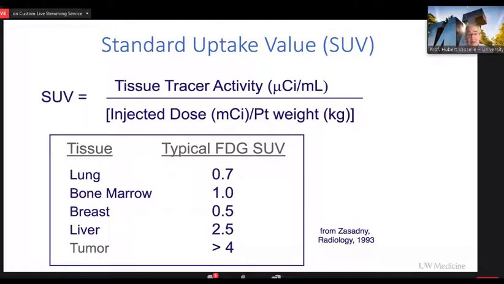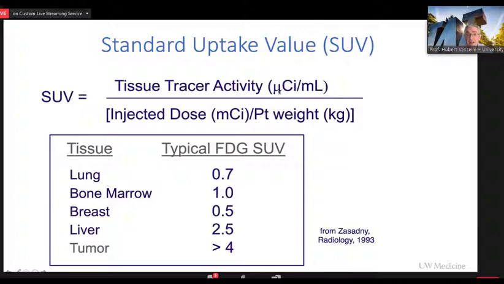Now, one of the additional things that make PET scanning powerful, and why we use it, for example, a lot in breast cancer, is the ability to extract a measure out of each voxel of the image. The data set is a volume, and each pixel or voxel of the image has a figure of merit, a value associated with it that we call a standard uptake value. Why? Because after we do attenuation correction, we have the concentration of radioactivity in microcurie units of radioactivity per unit volume, per milliliter.